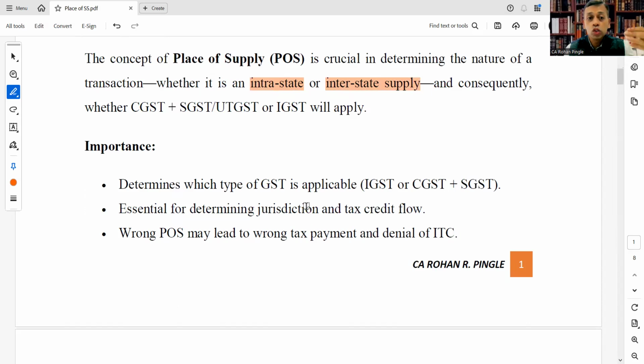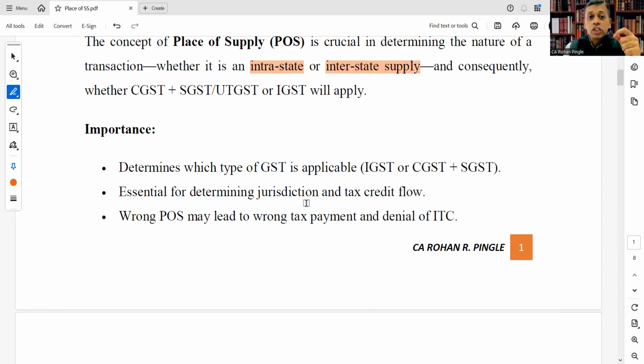Let's see the importance one by one. Determines which type of GST is applicable. Correct? We have just gone through IGST or CGST plus SGST or UTGST. Essential for determining jurisdiction and tax credit flow.